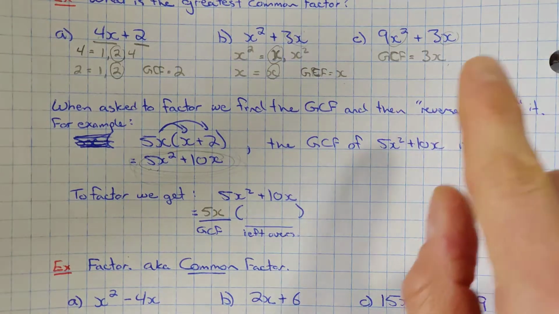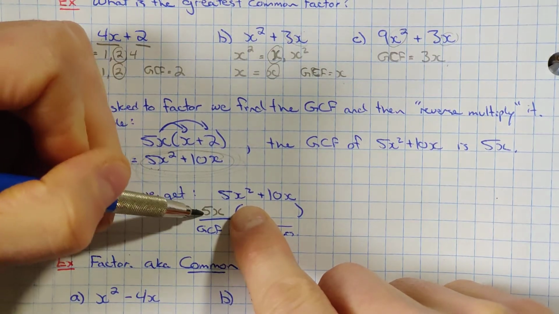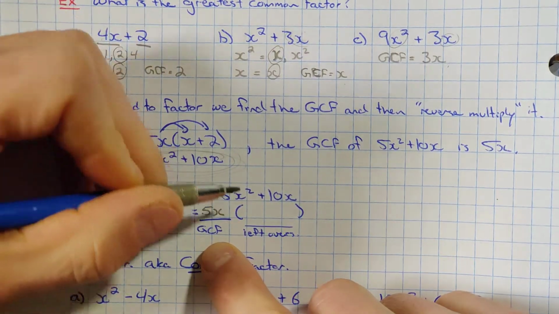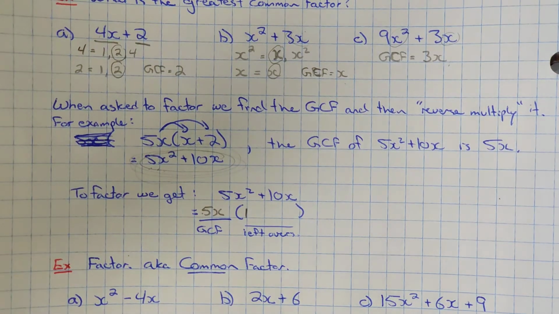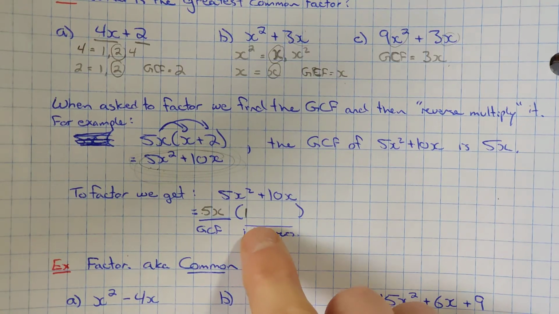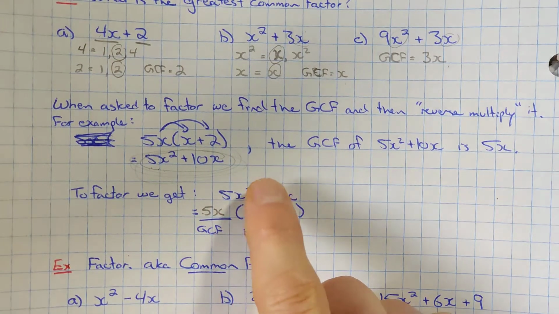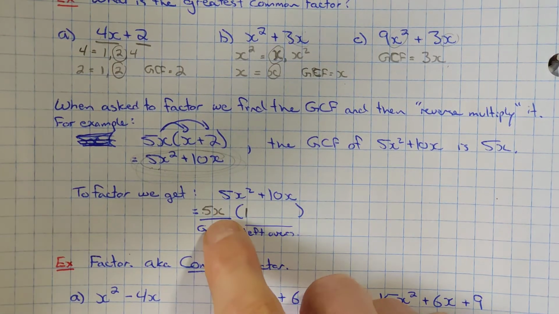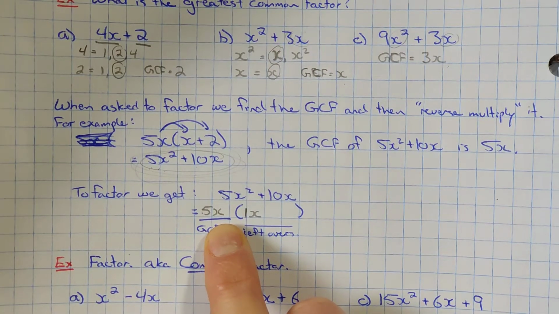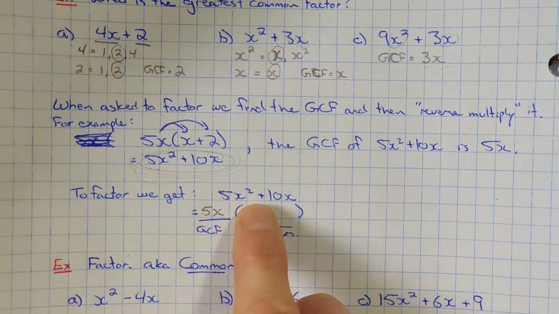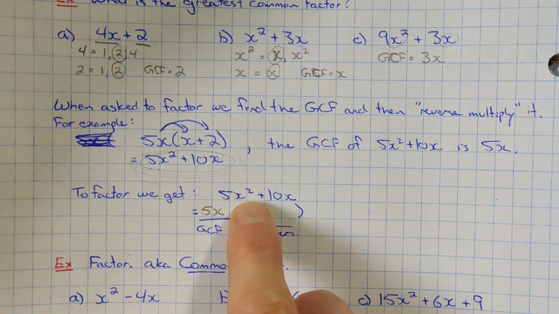So we're going to undo the multiplication. 5 divided by 5 is 1. And a lot of people find it more comfortable to put ones. You don't usually have to put the 1 when there's a variable there. But the next part will be x squared divided by x. So 1x. Whenever you have x squared, remember that was x times x.